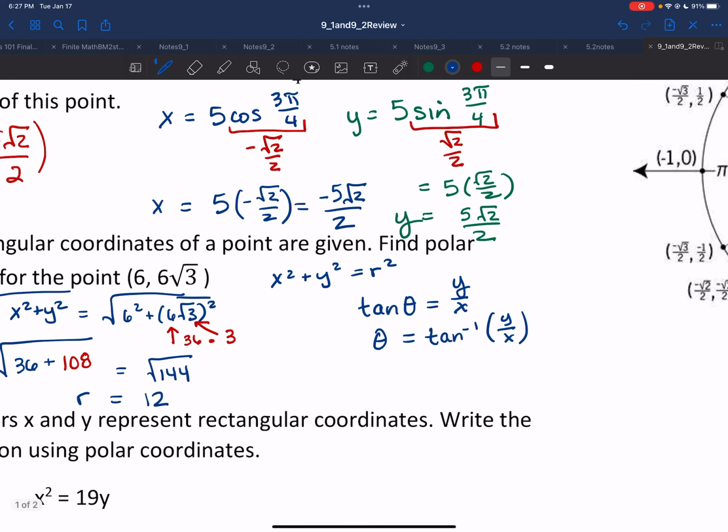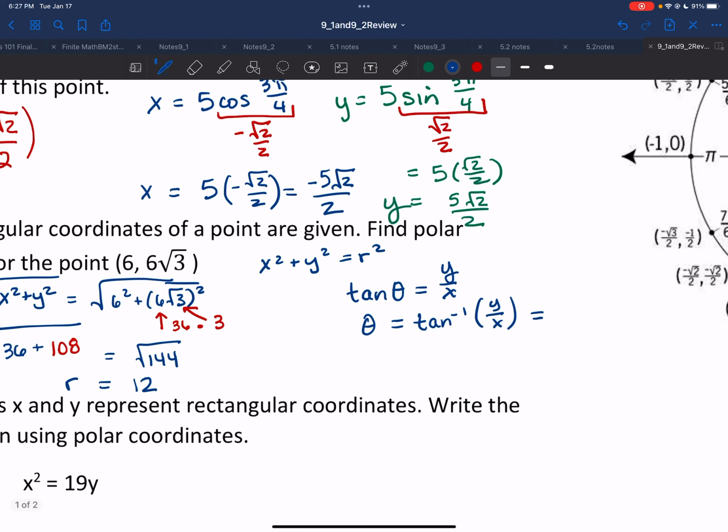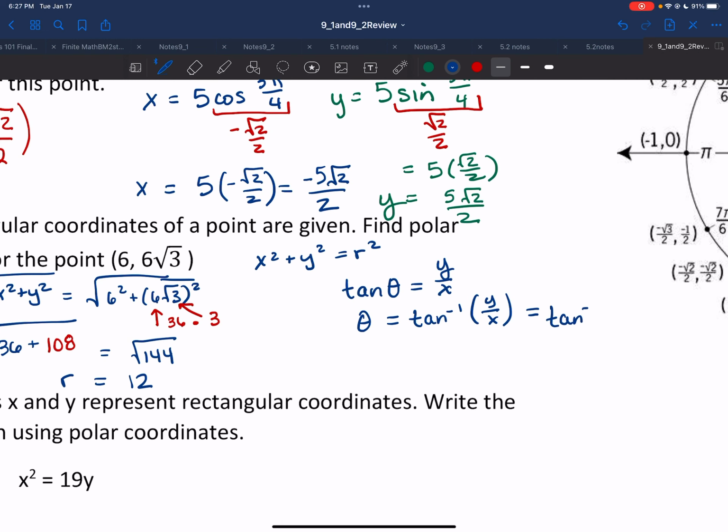So let's go ahead and see what that looks like. We're going to have the inverse tangent of 6 root 3 over 6. And that, my friends, will have your 6 cancel out. So it's just the inverse tangent of root 3.